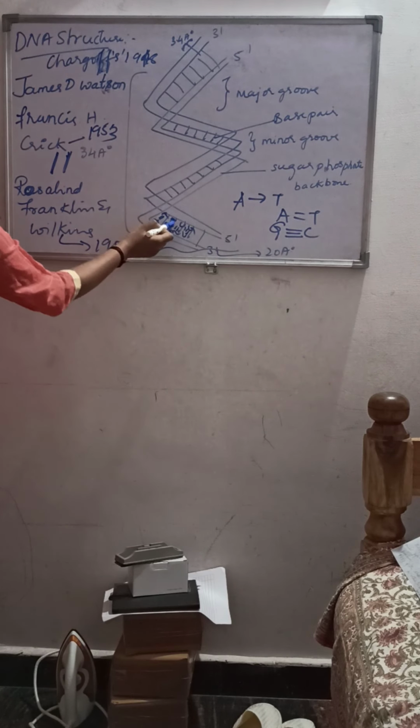You can see here, the sugar and phosphate form the backbone, and the nitrogen bases are projected towards the center, which resemble the steps. You can see this nitrogenous base pair looks like a staircase, that is, the rungs. Understood?